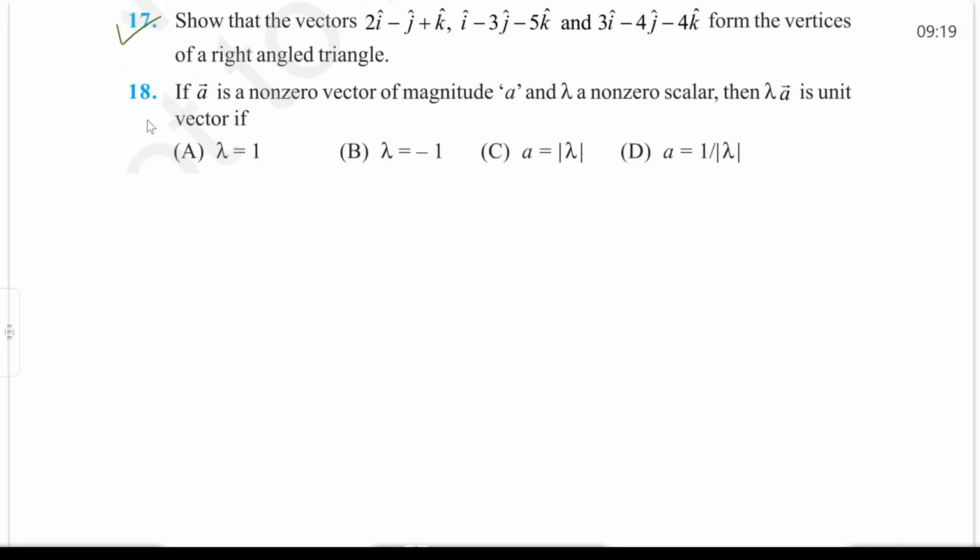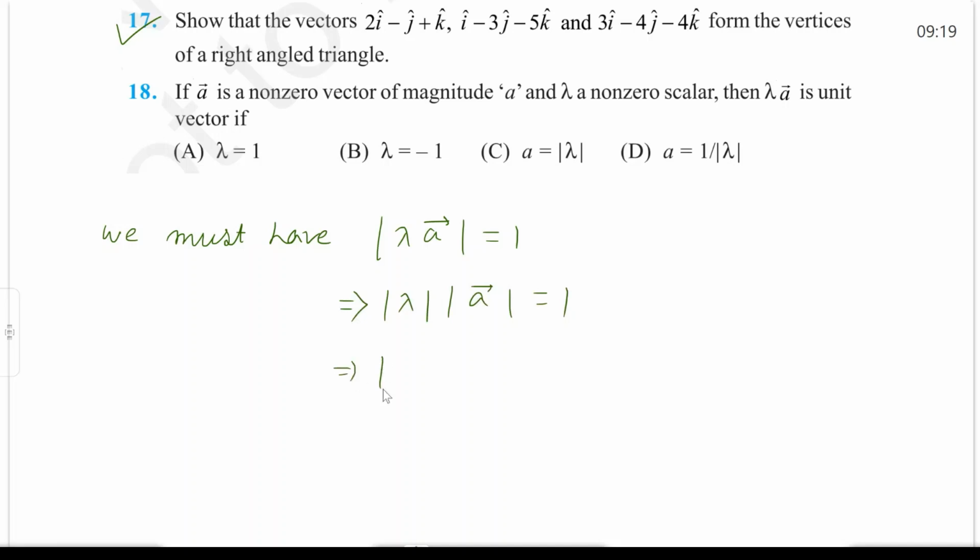Then you come to question number 18. If A bar is a non-zero vector of magnitude A and lambda is a non-zero scalar, then what about lambda A bar if this is a unit vector? Since lambda A bar is to be a unit vector, we must have modulus of lambda A bar equal to 1, because this vector is to be a unit vector, and that implies modulus of lambda into modulus of A equals 1.